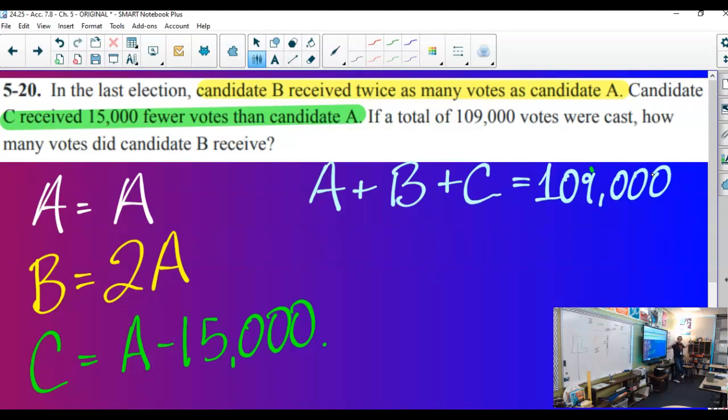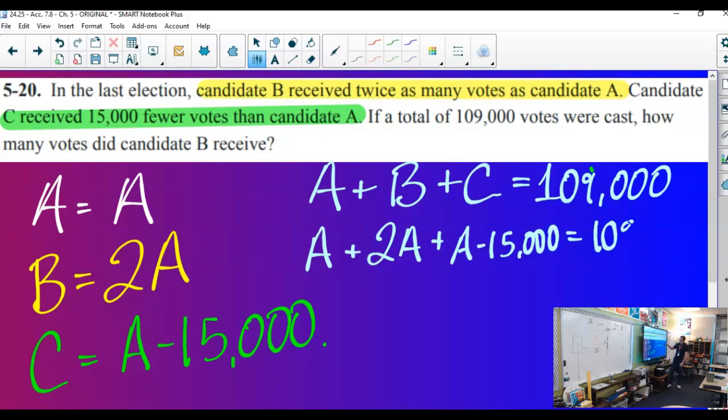Carter, go ahead. All right, so after I combined my like terms, I got. Well, hold on. First, you substituted and put in all the values that you'd already figured out. Questions here. We replaced B with what we said about B. We replaced C with what we said about C. Go ahead.